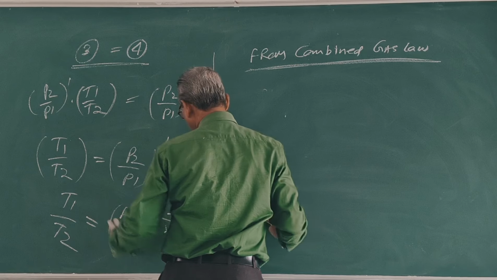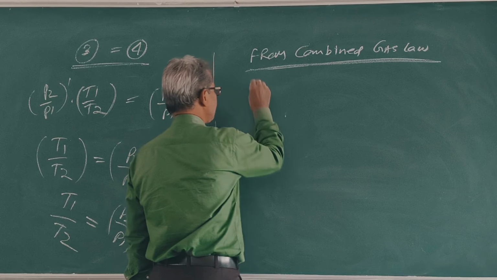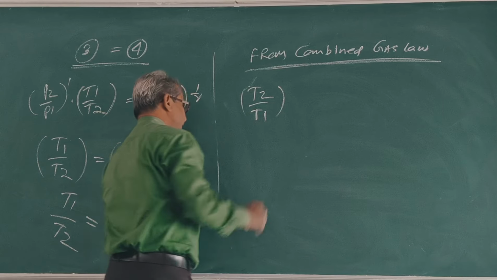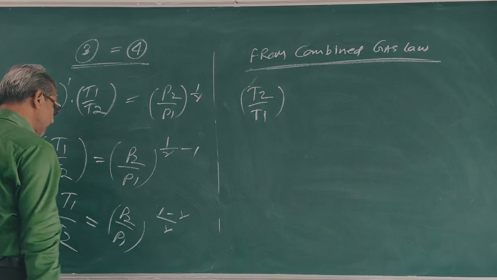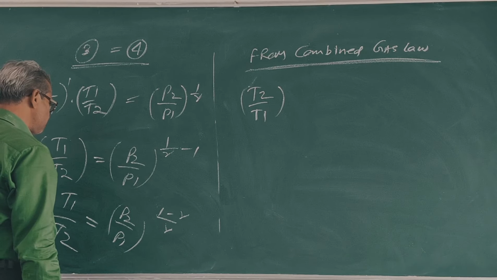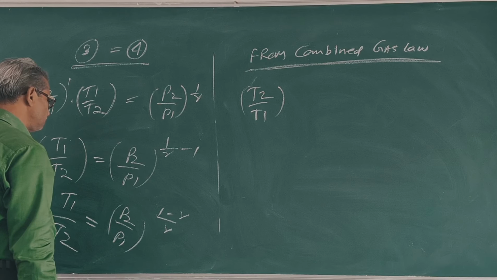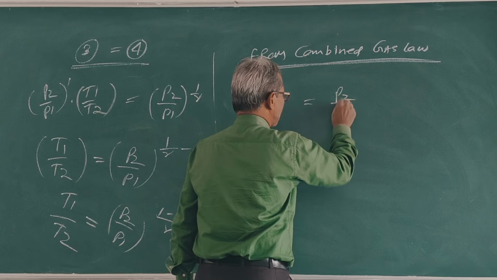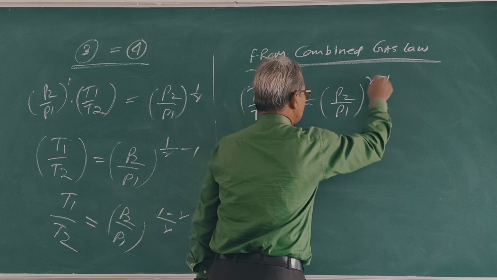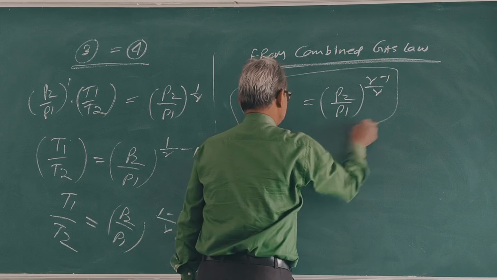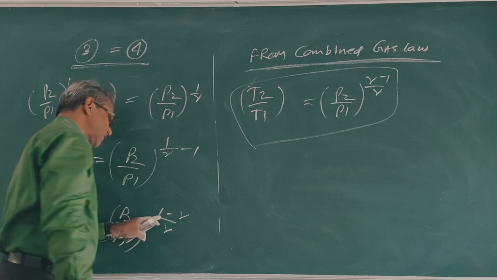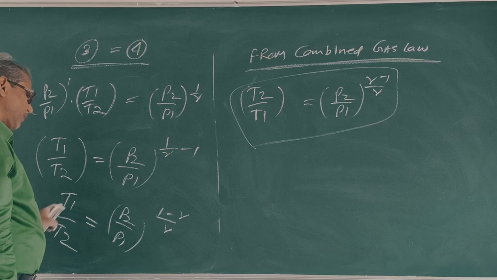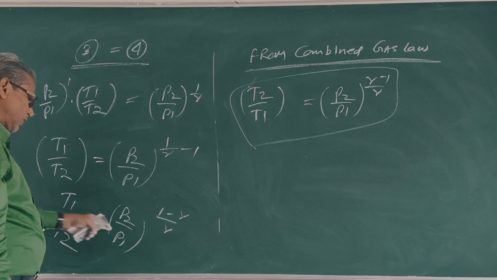Or reverse both sides. T2 by T1 is equal to P2 by P1 to the power of gamma minus 1 by gamma. Clear? This common minus, so the power minus cancel each other. So T2 by T1 is equal to P2 by P1 to the power of gamma minus 1 by gamma.